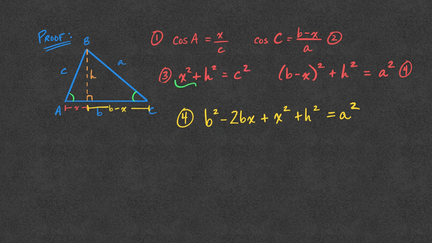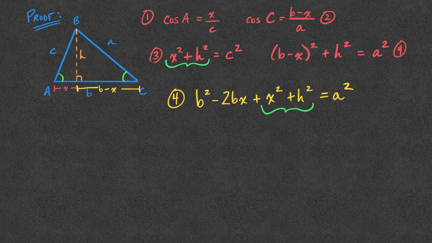Notice you have an expression of x squared plus h squared. Take a look in your gold equation. You have that same thing. Okay, I want to highlight what's going to happen. I can take equation 3 and I can sub it into this equation 4 gold equation.